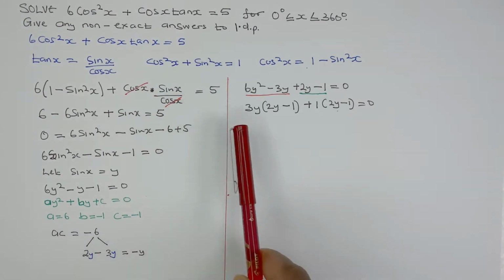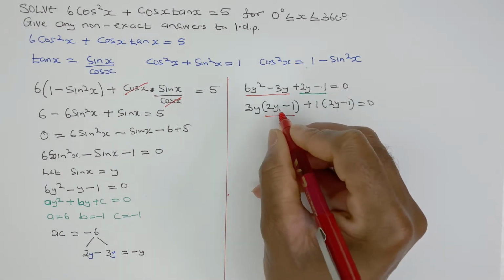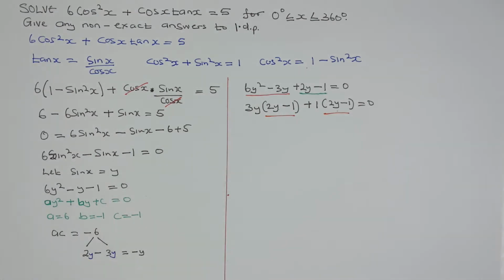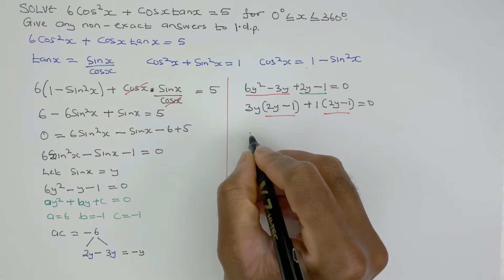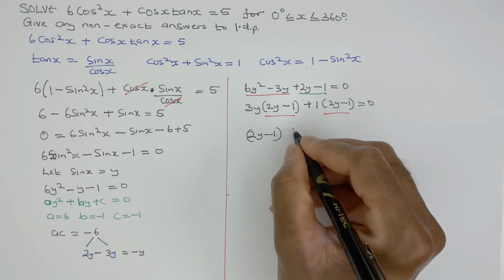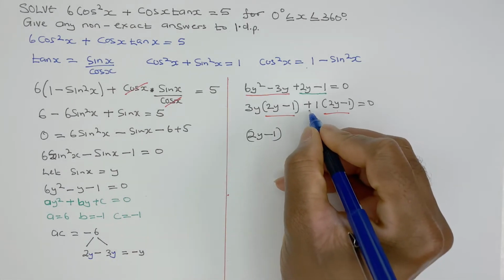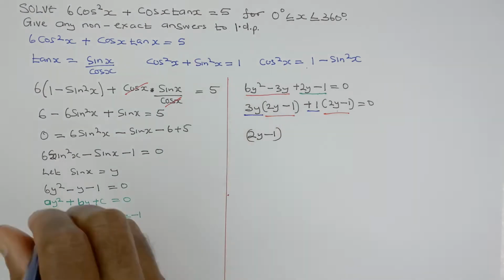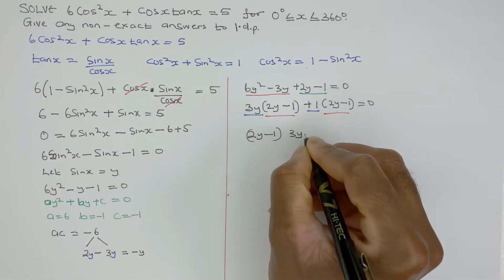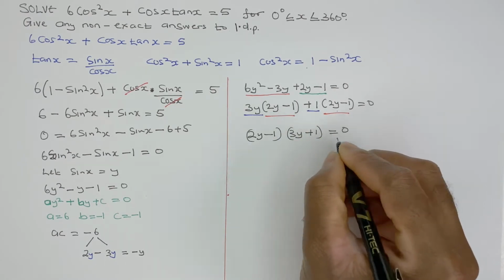Now, what's common between these 2? You can see 2y minus 1 is common. So that's my common factor. And then what's left is 3y plus 1, and that equals 0.